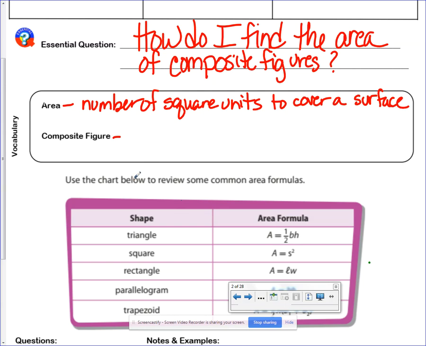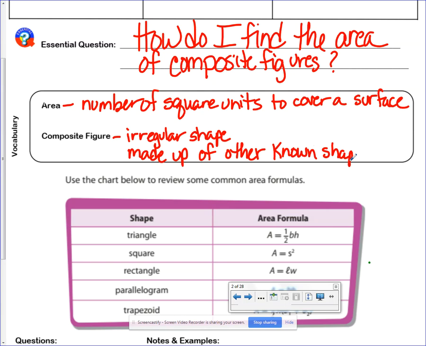All right, composite figure. So you can say it's somewhat of an irregular shape. Basically, it's something that we don't necessarily have a name for, but it's made up of other known shapes that we can make sense of and have ways to calculate area or perimeter, whatever we're looking for.